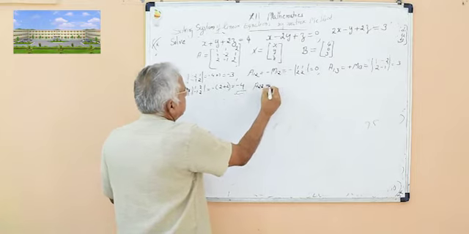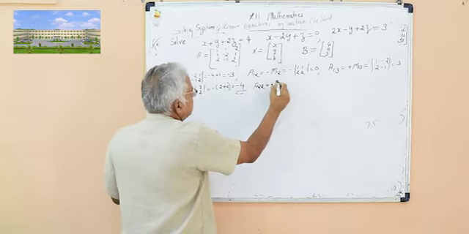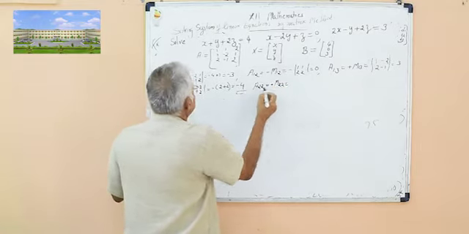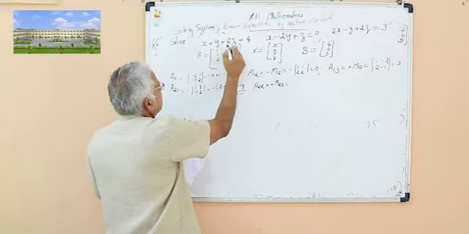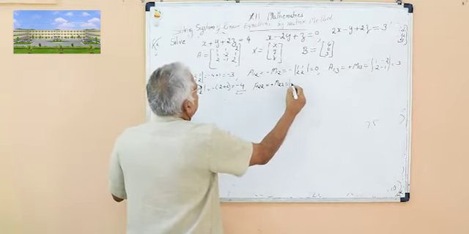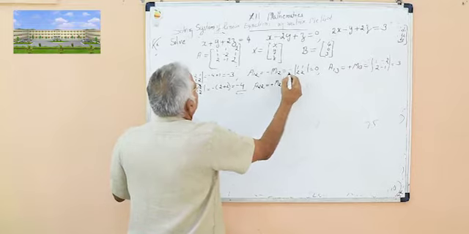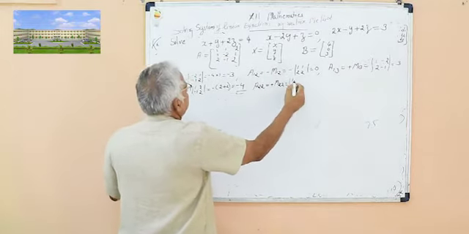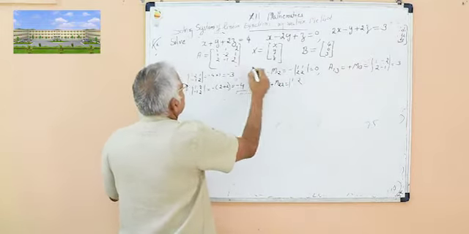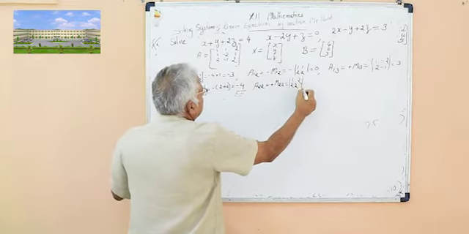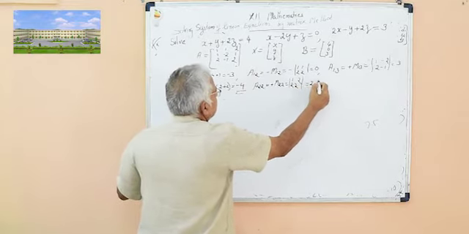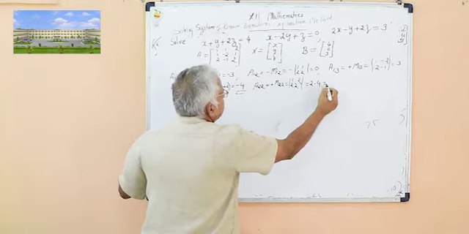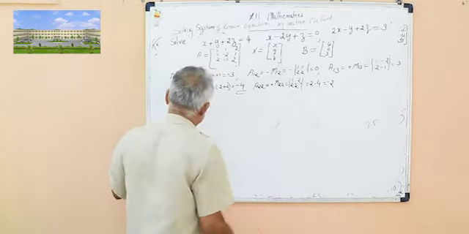A22 sign is positive, minor M22. Delete the second row and second column: 1 into 2 minus 2 into 2 is 2 minus 4, equal to minus 2.